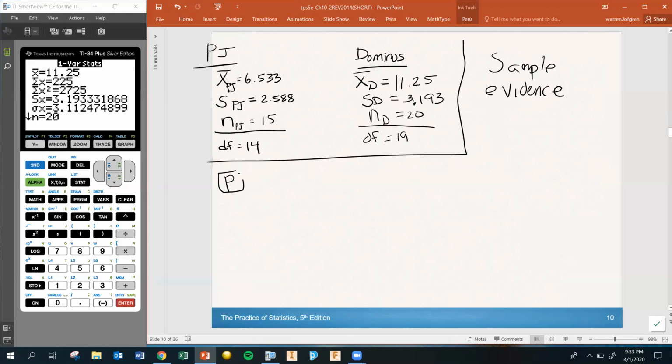I'm going to start out identifying the parameters. So we're using our Greek letter mu to stand for the mean fat content in Papa John's pizzas.